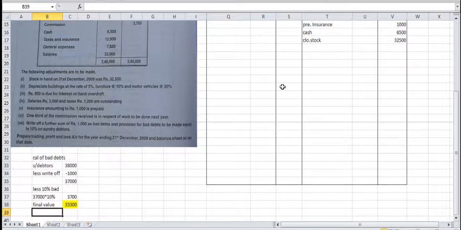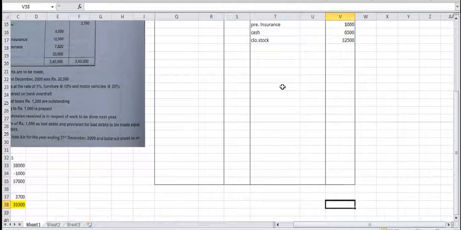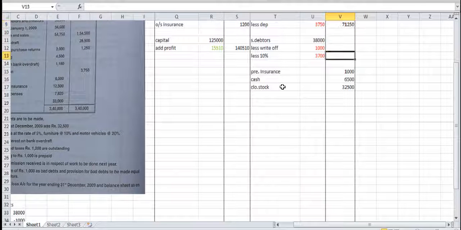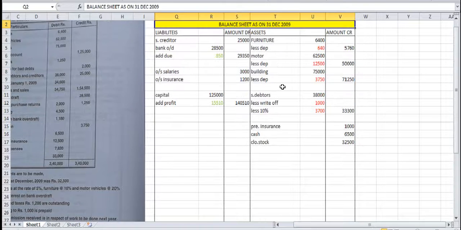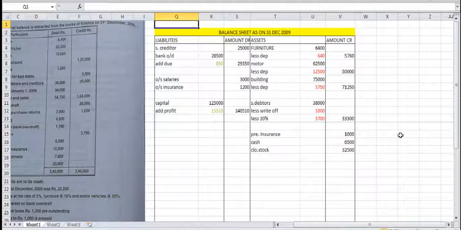Let's see, 33,300 we got. How much we got here? 33,300. Now we have calculated everything so far. All the balance sheet we have calculated. So make it total.